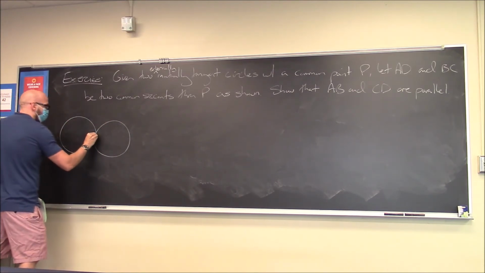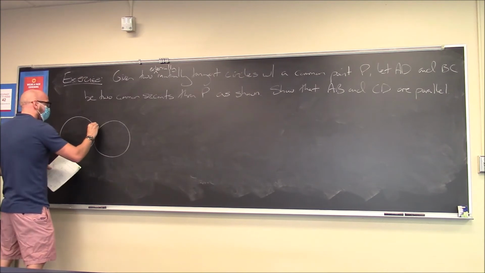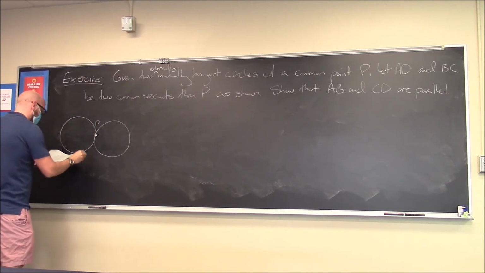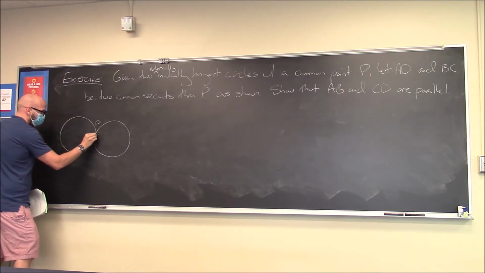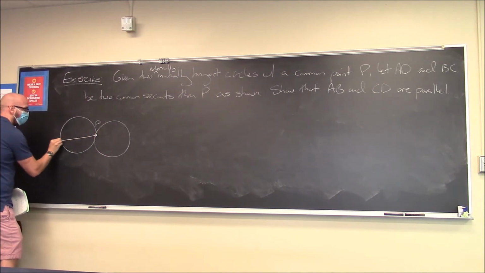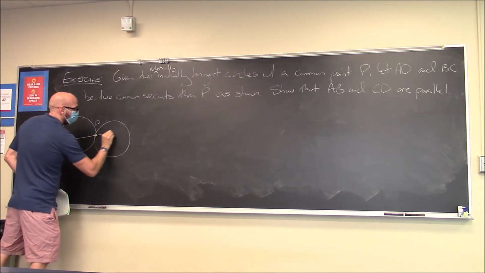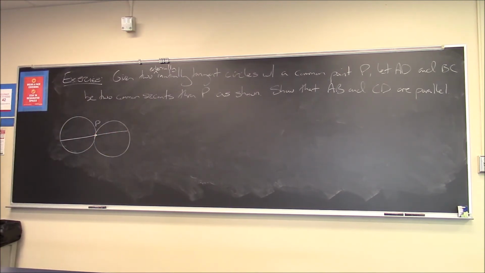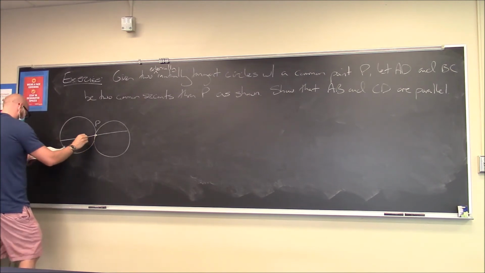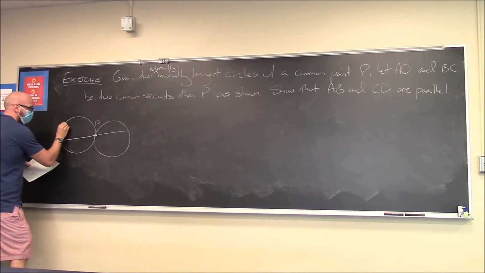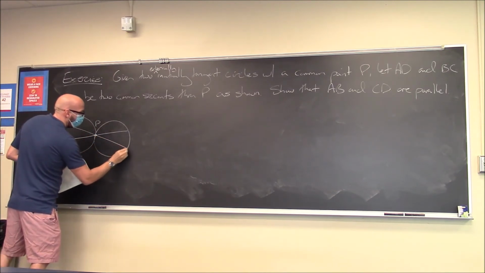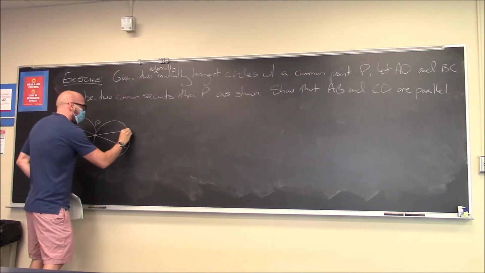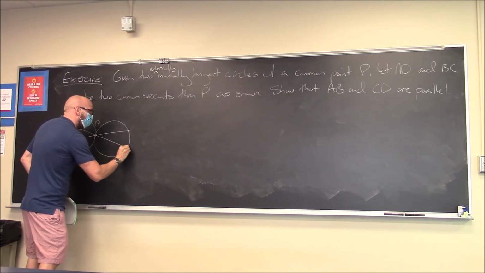We've got this common point P. So we've got two common secants. So this will just be a chord that's extended through both of them. So here's one of these common secants. And another secant that passes through P. So how about this one? So here's our points.